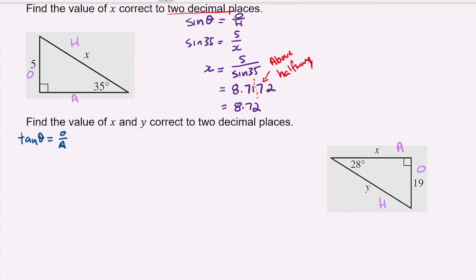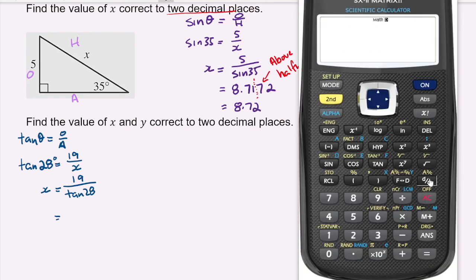Get the tan ratio going. So I'm going to have my reference angle. Opposite is 19 over x, which is the adjacent. I switch my sides, and I get 19 over tan 28. Jump onto my calculator and get my number there.